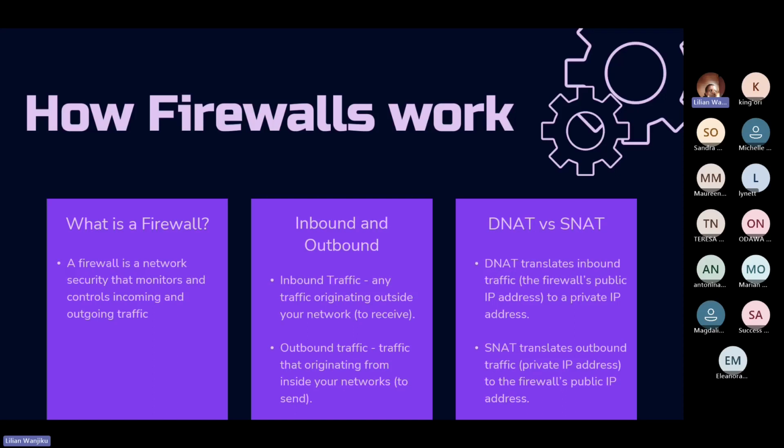So the firewall will take any traffic coming from your device, which contains the private IP address, and send it to the specific destination it was intended for by translating it to a public IP address.